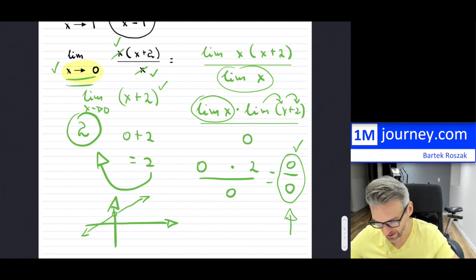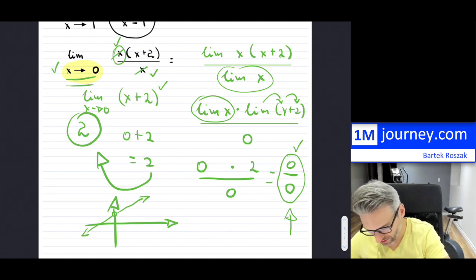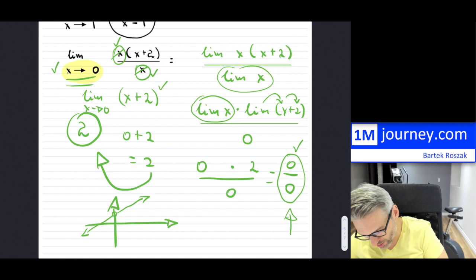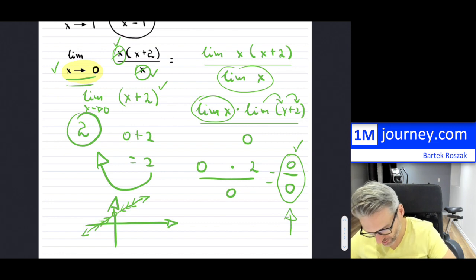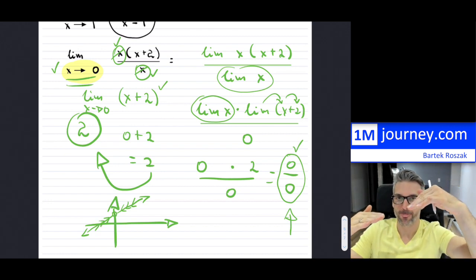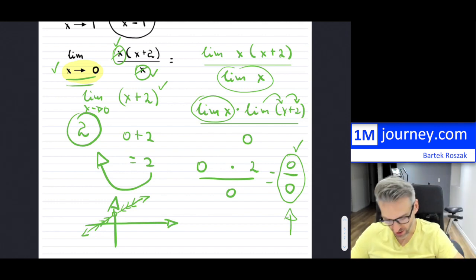It's a line, and then it has this hole, and that's why we call it removable discontinuity. It's discontinuous because it's not defined at that particular point, but it's defined everywhere else. And notice, as x is approaching 0 in this direction, going closer and closer to 0, it is approaching 2, right? That's the limit. All right, so that's what you would have had here.